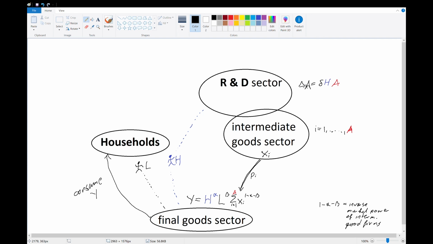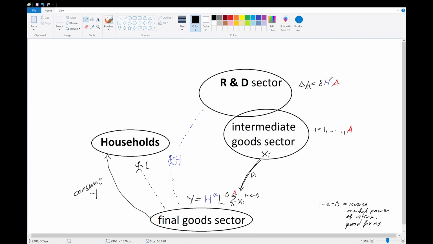It means if the stock of knowledge is already high, then one unit of human capital will produce a higher output than if the stock of knowledge of the economy is low. This is what we call standing on the shoulders of giants, meaning that the more knowledge is already there, the easier it is to develop a new design.